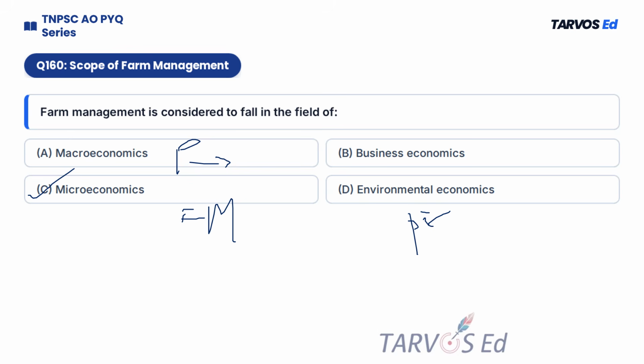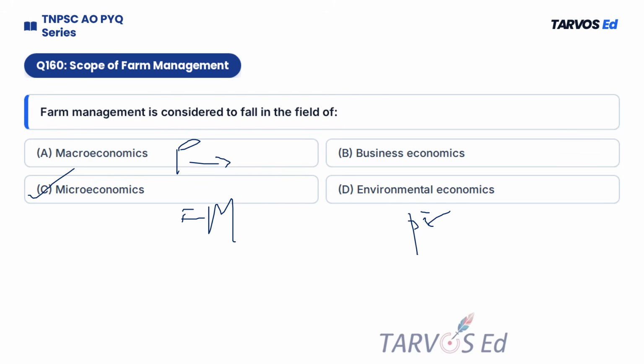Intra means within the farm. We do the study within the farm, how the farmer manages his farm, and we concentrate only on an individual farmer and not the entire system or the entire district or the entire group of farmers. That is the major difference between the production economics and farm management.